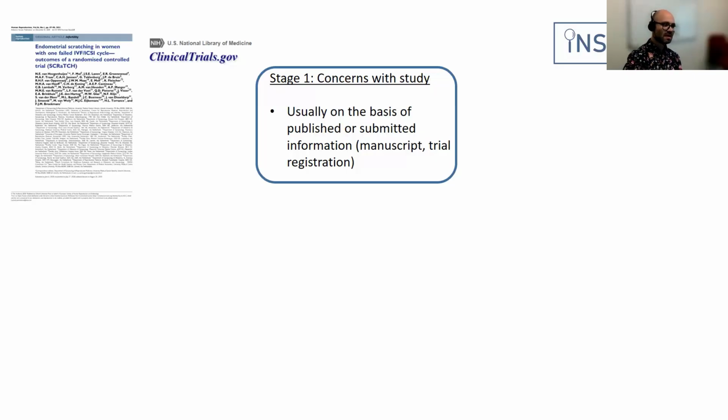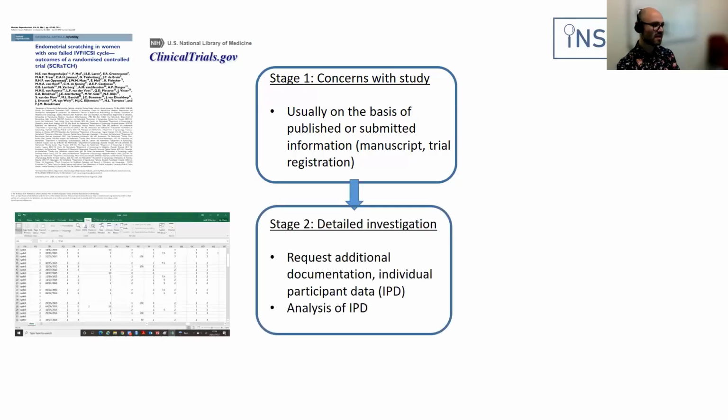If the concerns look substantial, we'll probably move to a second stage, which is a more detailed investigation. There we're requesting additional documentation from the authors, trying to get hold of the underlying data set, and then performing some analysis of the data set as well.